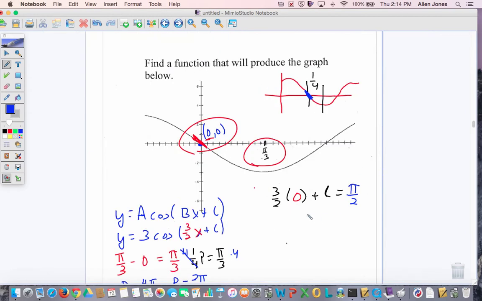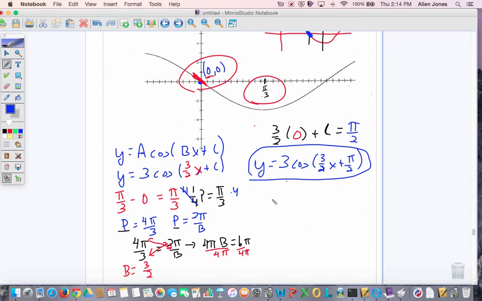Notice how it occurs at pi over 2. So that's what I set my argument equal to. 0 makes this work easy because 3/2 times 0 is 0. 0 plus c is c. So c equals pi over 2. Ending up, y equals 3 times the cosine of 3/2 x plus pi over 2. There's my equation of a cosine curve that fits that graph.